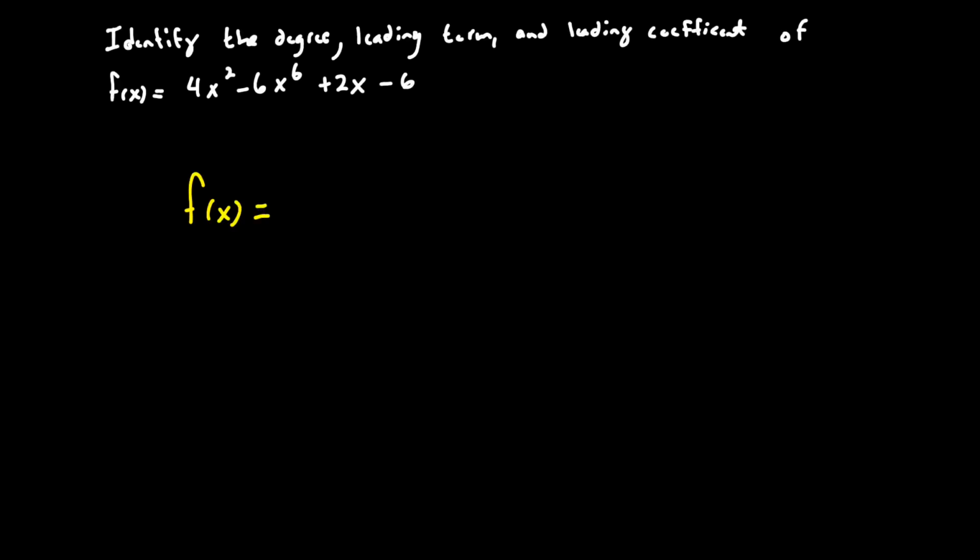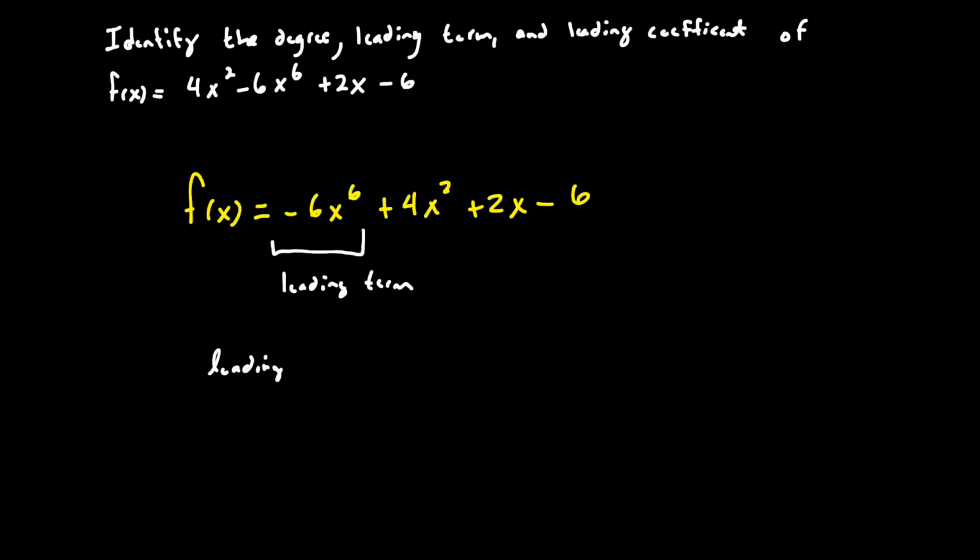Then this is going to be equal to negative 6x to the 6 plus 4x squared plus 2x minus 6. Then the leading term of this polynomial is going to be negative 6x raised to the 6. And the leading coefficient is then given by negative 6. And the degree of this polynomial is 6.